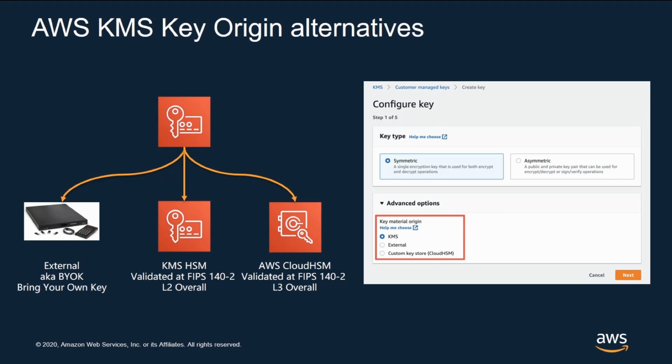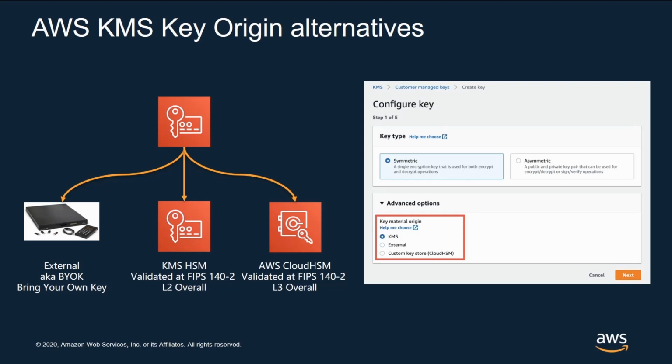You might use the CloudHSM key origin option if your organization has requirements for key materials to not be stored in a shared environment, if they require being backed up in multiple AWS regions, or if they must be subject to a secondary independent audit path and must be certified at FIPS 140-2 Level 3.